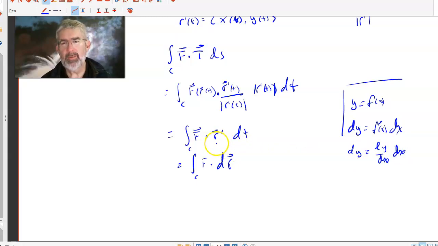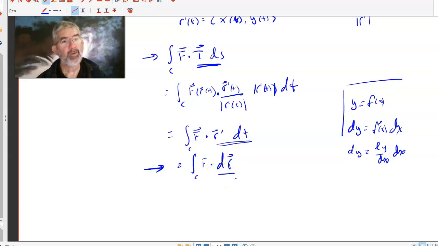And so this r prime dt, that's dr dt dt, and I'm just thinking of that as dr. And of course that's a vector function because r is describing a parametric curve. So when you see these vector field line integrals, we first think of it like that, but it is very common that it's just written as f dotted with dr. It means exactly the same thing because T ds is really the same as dr.